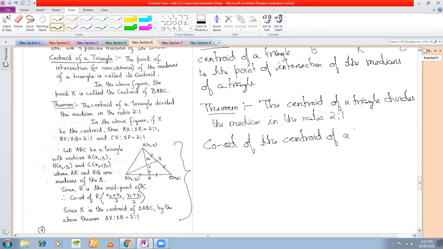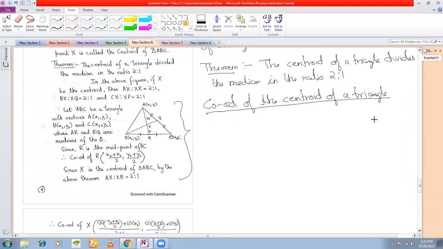Suppose you have a triangle ABC whose vertices are (x1, y1), (x2, y2), and (x3, y3).